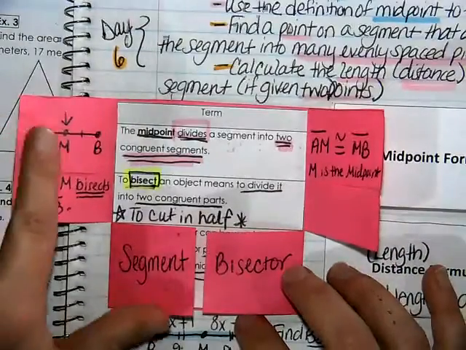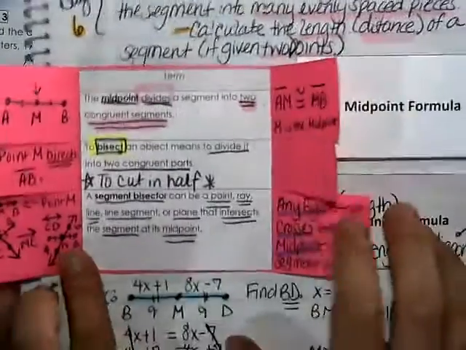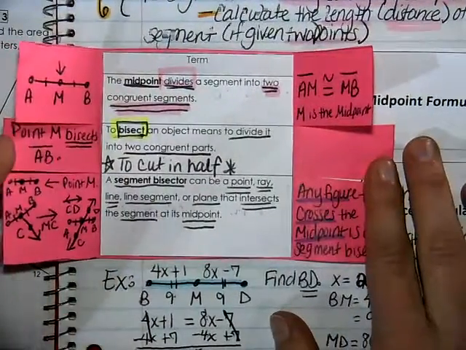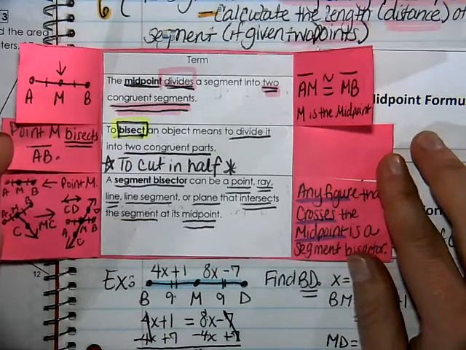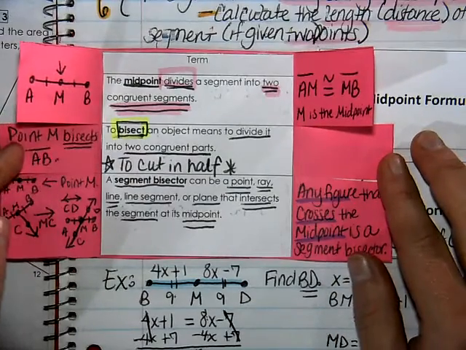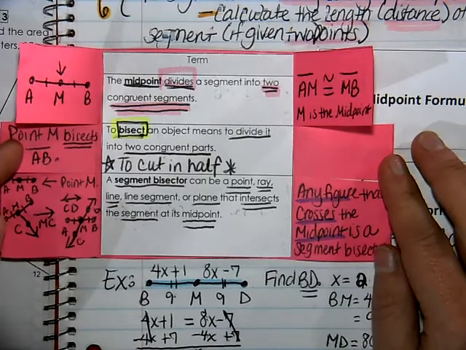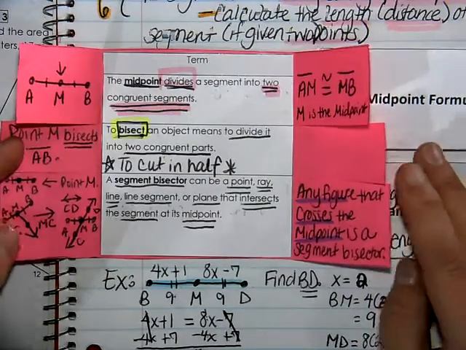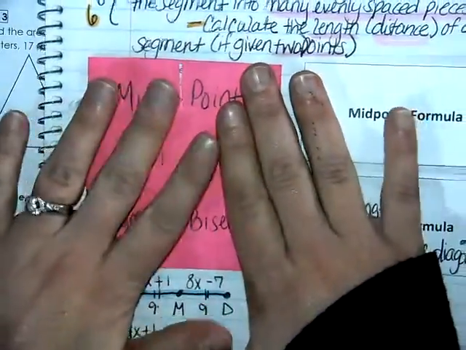So in this case, we had point M bisect segment AB. But then there is another term called segment bisector. A segment bisector is any figure that crosses or touches the midpoint of a line segment. So those were all of our quick vocabulary words.